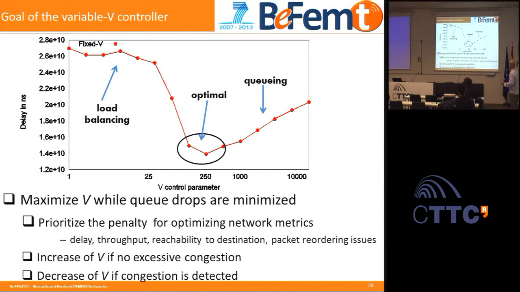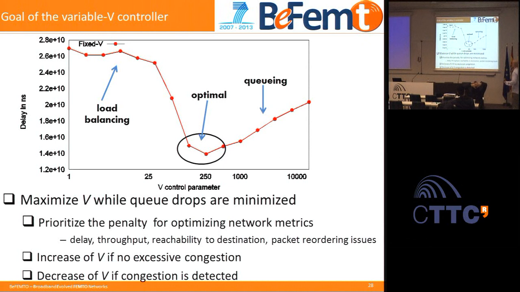So on the one hand, we want to get the maximum V parameter that we can get, without incurring into Q drops, so that intended network performance metrics such as delay, throughput, reachability are optimized.